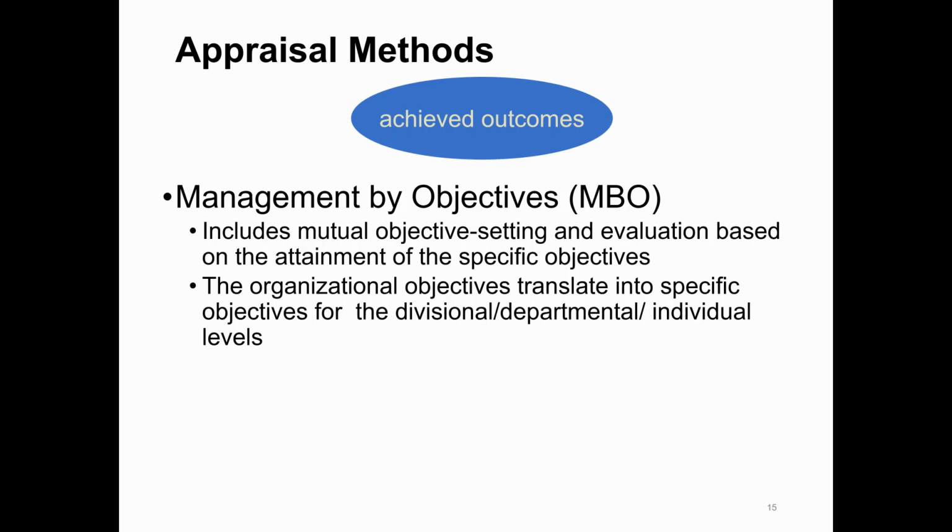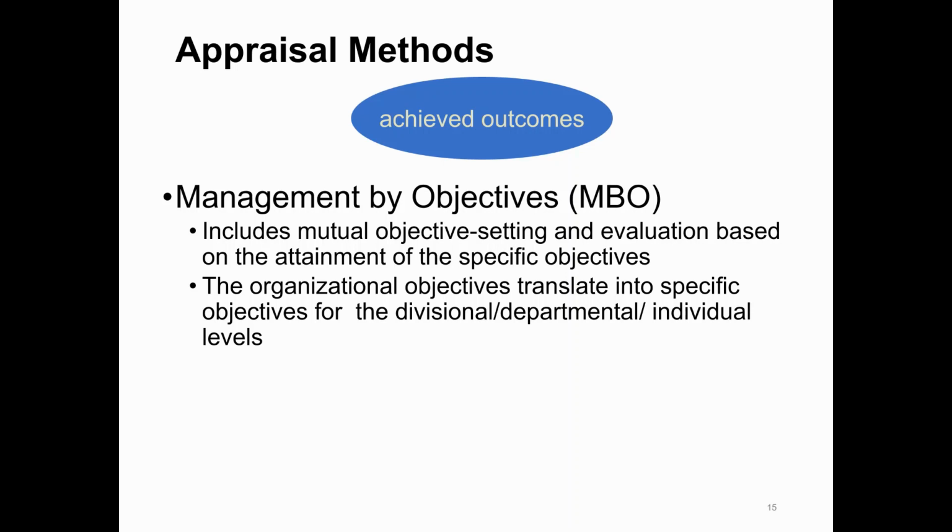performance standards are aligned with the organization's mission. Management by objective says that the organization's mission is translated into the vision statement, which is translated into strategic goals, which translate into operational level goals. Those operational level goals are translated into SMART goals, and then these SMART goals are translated into task level goals.